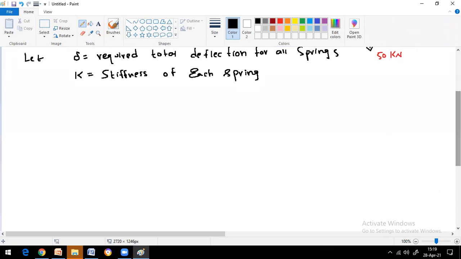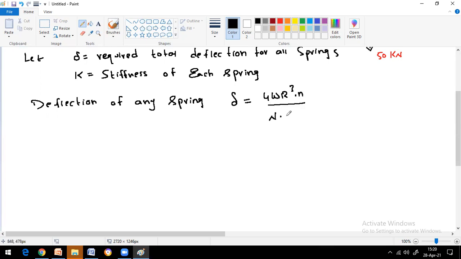Now, by knowing the formulas which we already know, let's start. Deflection of any spring, as the spring is considered as a circular cross section, delta will be equal to 4WR cube n by N r power 4.